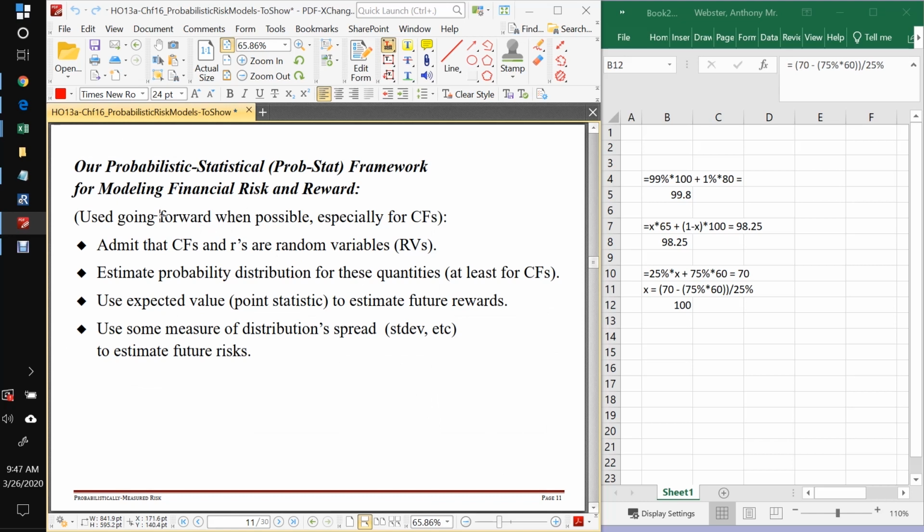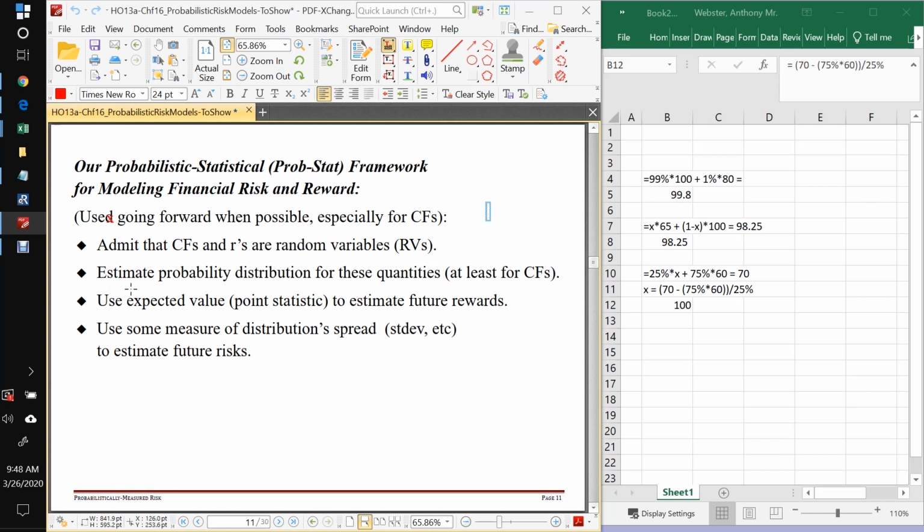So our framework for modeling financial risk and reward that we're going to use going forward when possible, especially for our cash flows, is like this. We're going to admit that our cash flows and our discount rates are random variables.